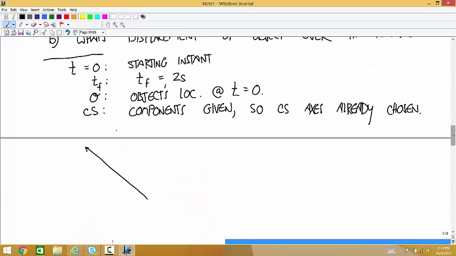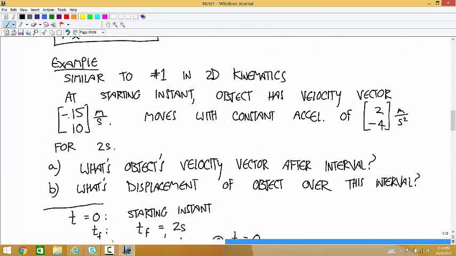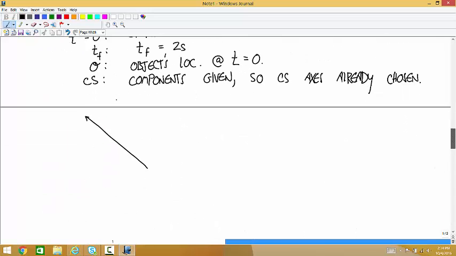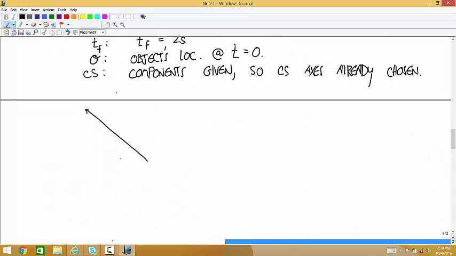We're given that the components of that velocity vector are negative 15 and 10. So the coordinate system orientation has to be chosen to make this true. So this vector has to be in the negative x direction and the positive y direction, which would be like, so the coordinate system would be something like this.